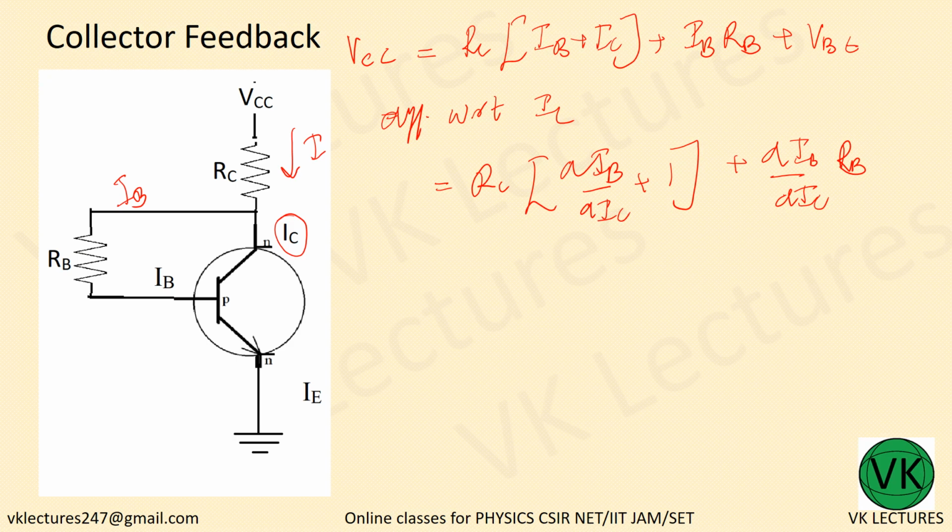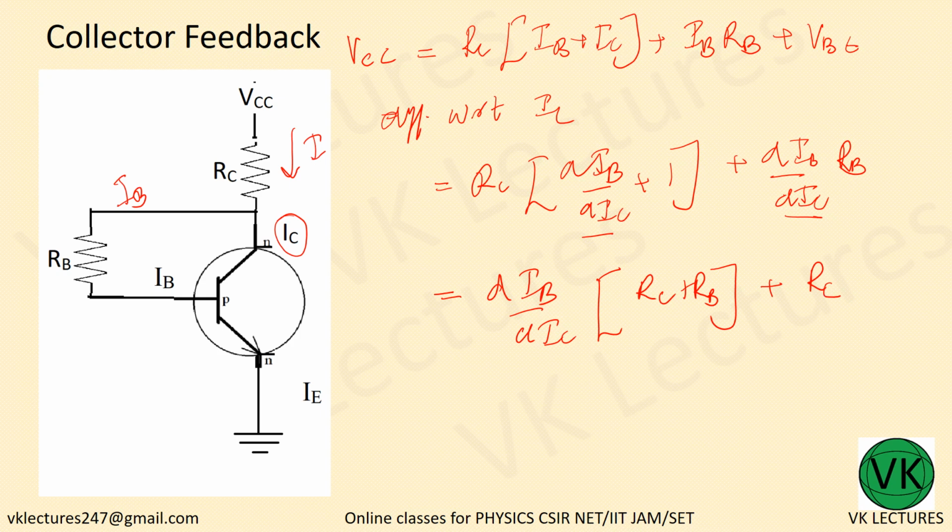Now once we got this, what we want is DIB by DIC. Take these 2 points. So that is equal to DIB by DIC into RC plus RB plus RC. So DIB by DIC is equal to minus RC divided by RC plus RB.